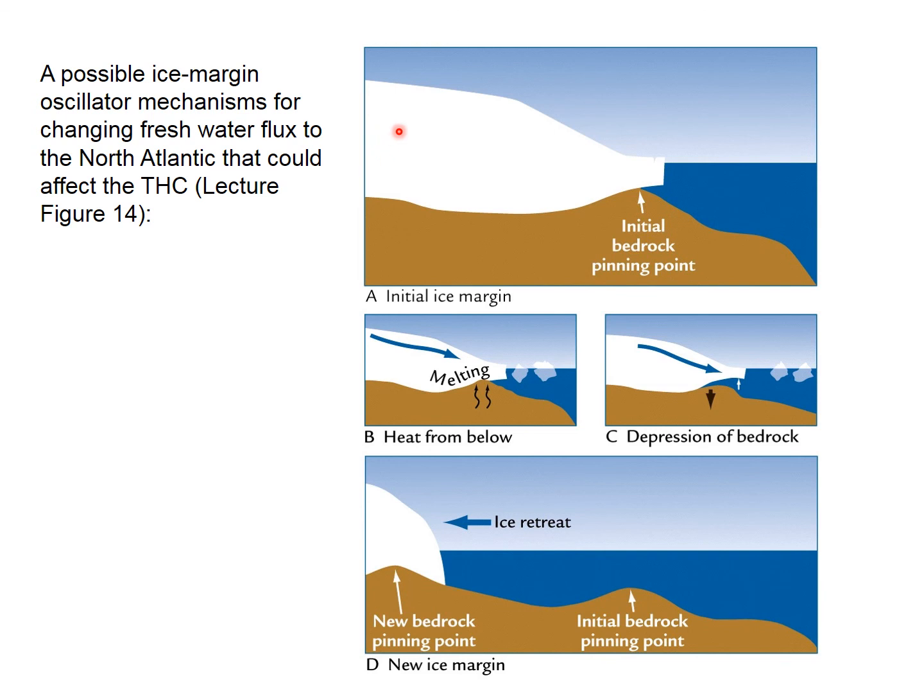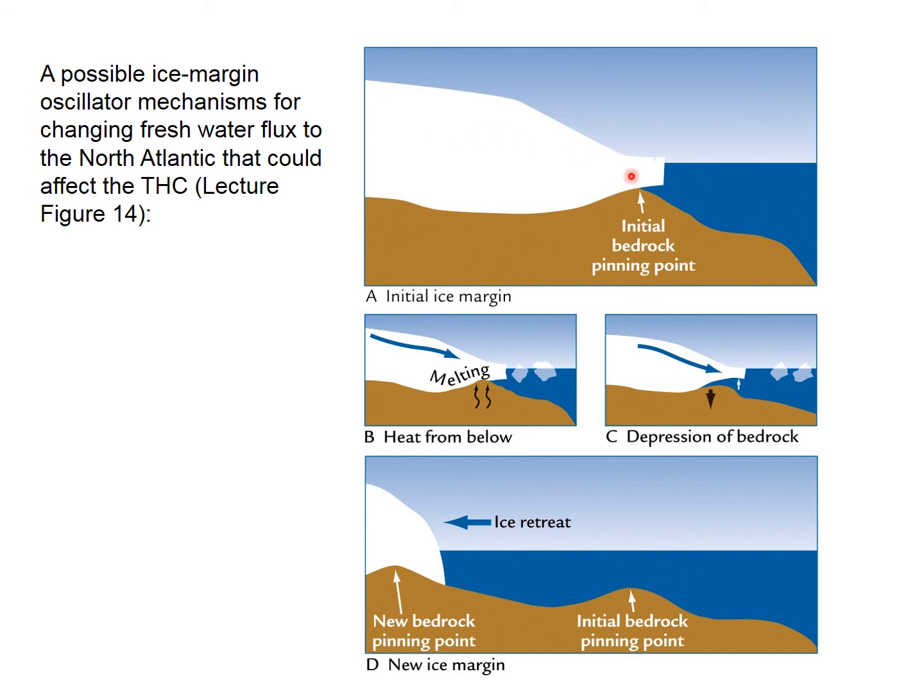The position of where the ice is flowing to is quite dependent on the shape of the geology underneath. Where it comes across a piece of high ground like this, the ice sheet might get a bit stuck, and it might be in a very stable position.